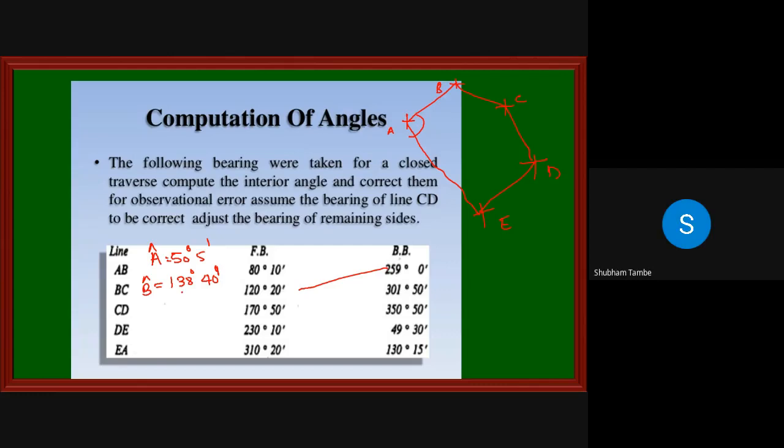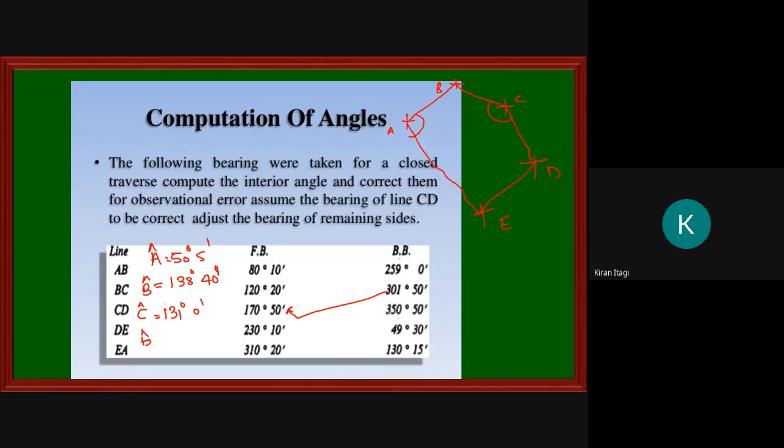What about angle C? You should take the back bearing of CB and the forebearing of CD. This minus this, 131 degrees 0 minutes.